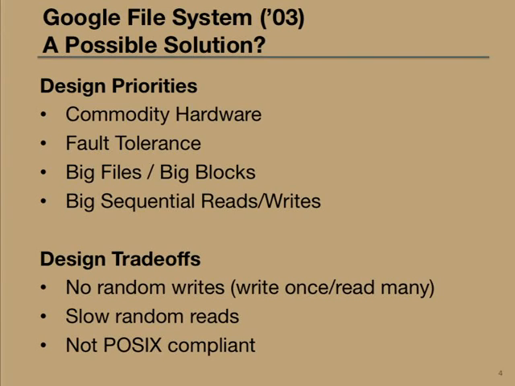I think one of the really critical things is that they weren't worried about supporting or building a POSIX file system. They weren't worried about supporting random reads or random writes. So there was a lot of file system dogma that they just dispensed with very quickly. In the interview with Quinlan, he makes the point that since the people who were building GFS were the same people who were building the system on top of GFS that were consuming it, they were able to be very fluid in terms of defining what the requirements were for this system.